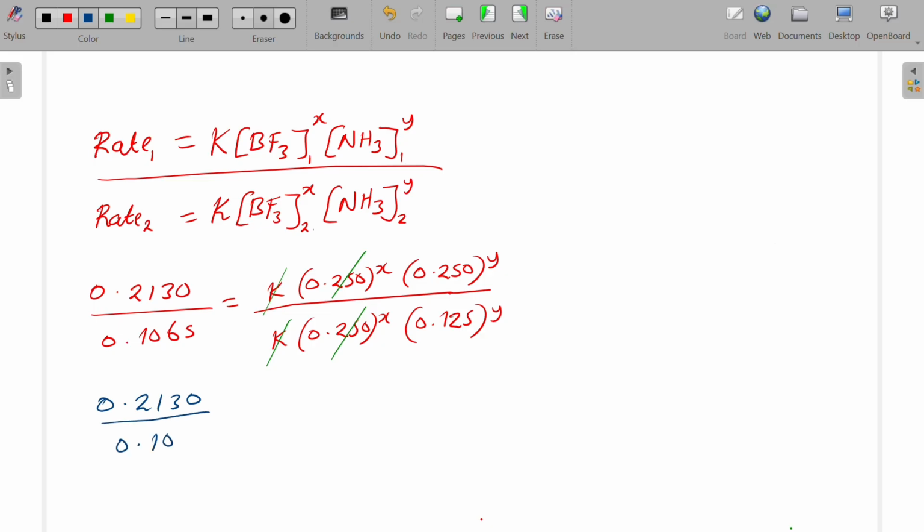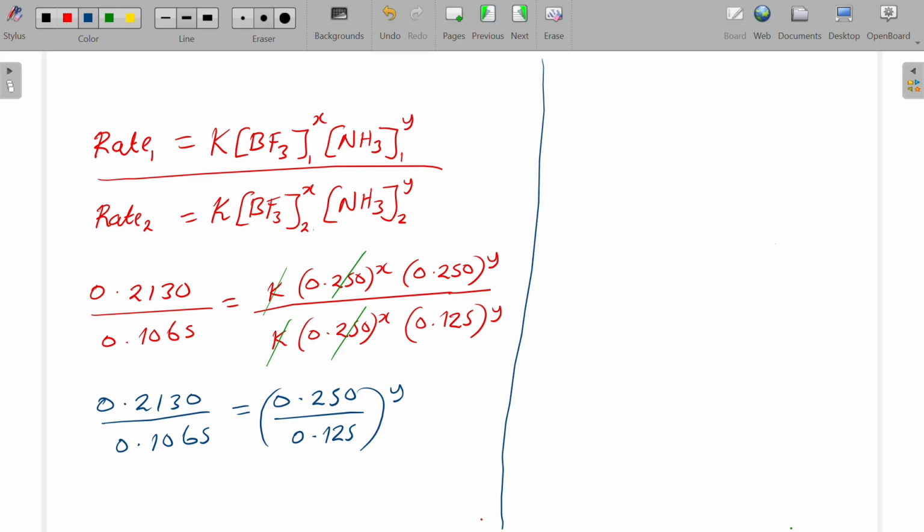We'll say now we have 0.2130 divided by 0.1065, and this is equal to, on the other side, 0.250 divided by 0.125, and this whole thing is given to the power of y.